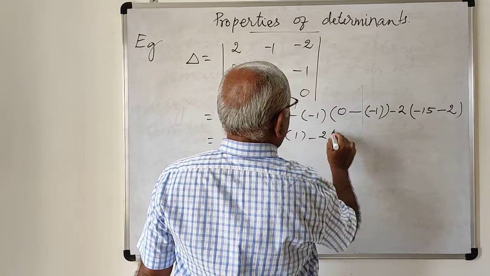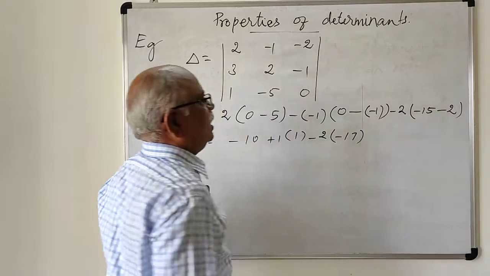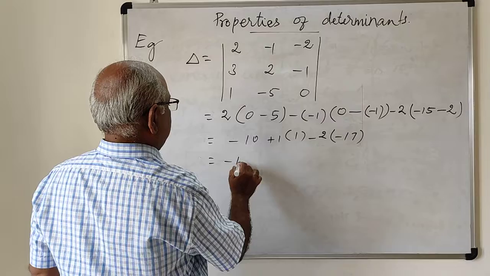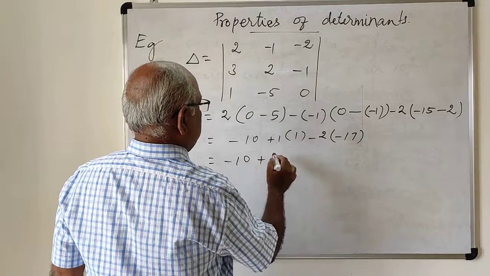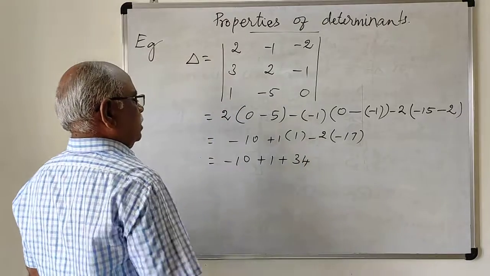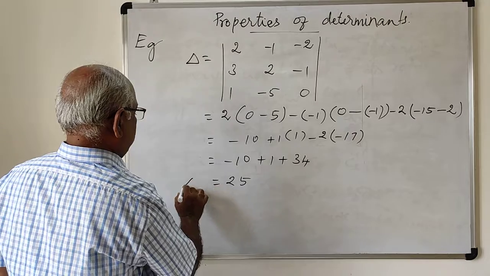And minus 2 into minus 15, minus 1, minus 17, minus 17 into 2, plus 34. This is minus 10 plus 1 plus 34. 35 minus 10 is 25. This is delta.